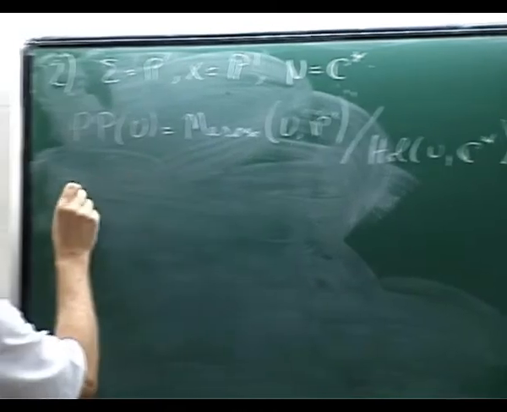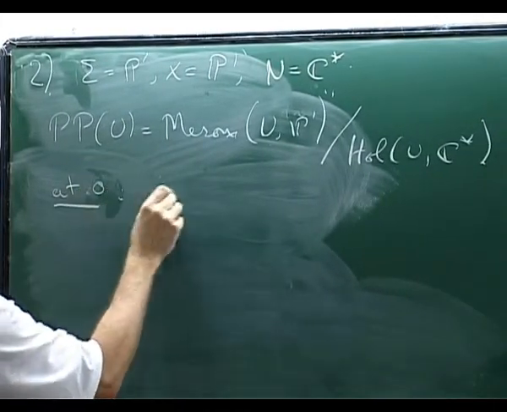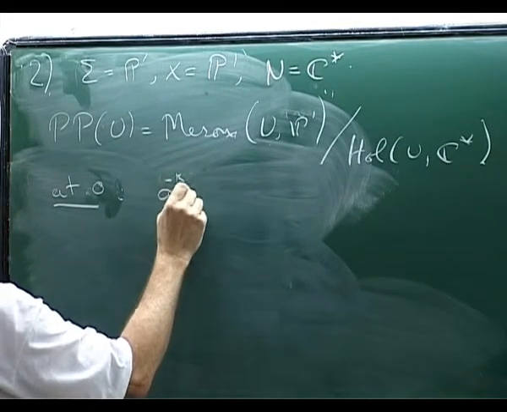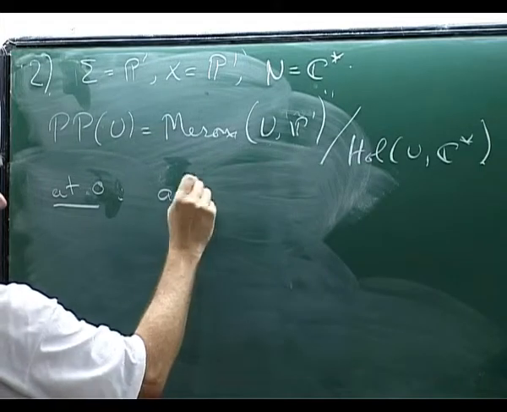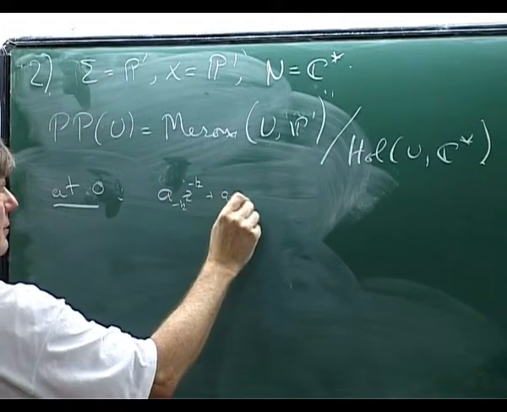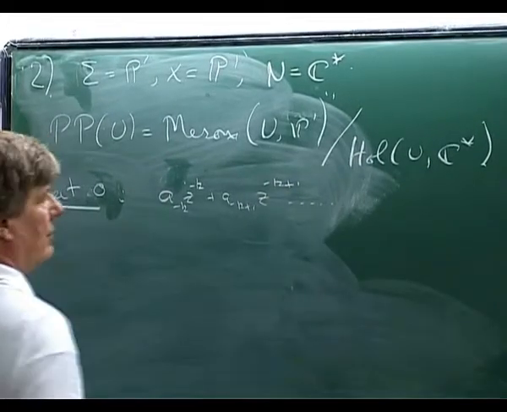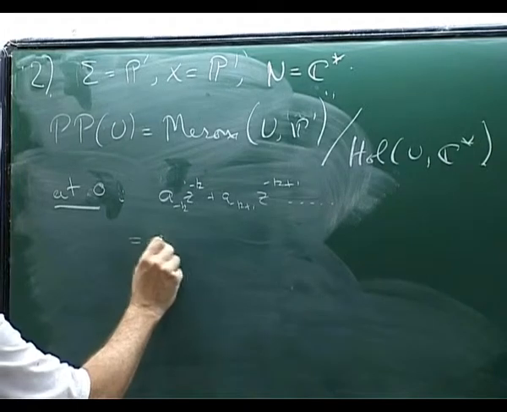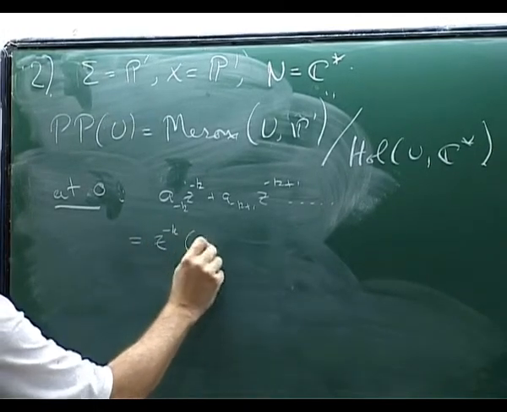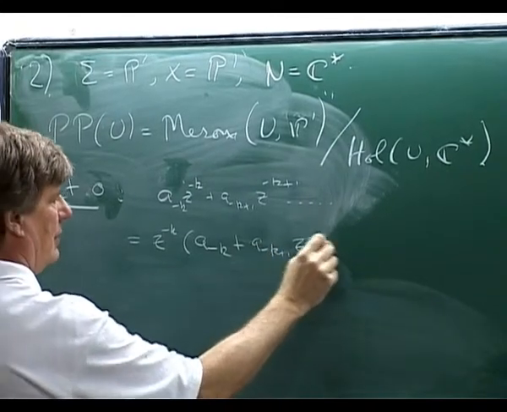So if you just look at 0, for example, you're getting a map that looks like this: a_{-k} z^{-k} + a_{-k+1} z^{-k+1}. Okay? And you write this as z^{-k}(a_{-k} + a_{-k+1} z + blah).